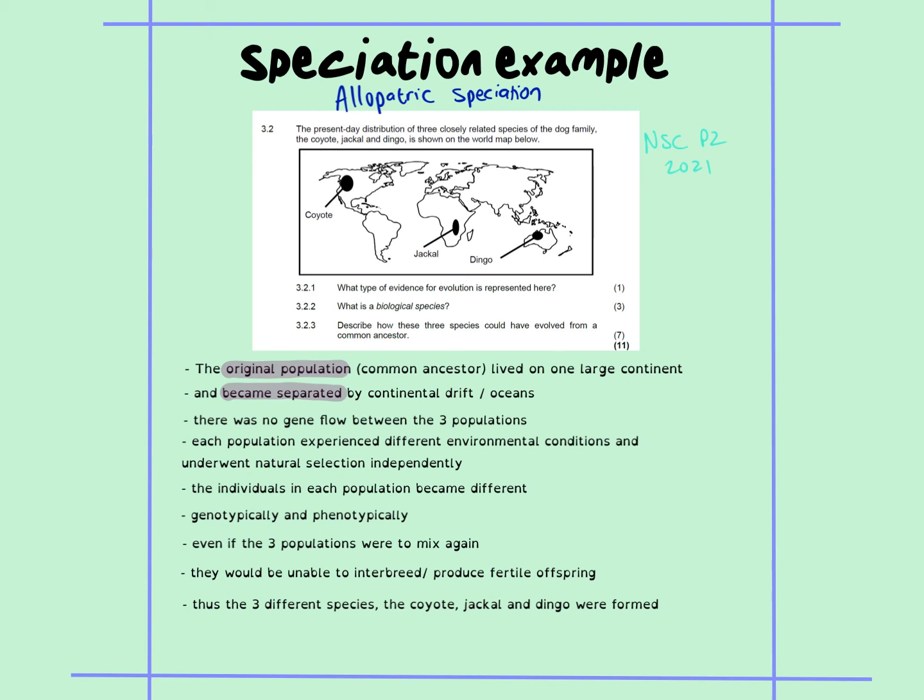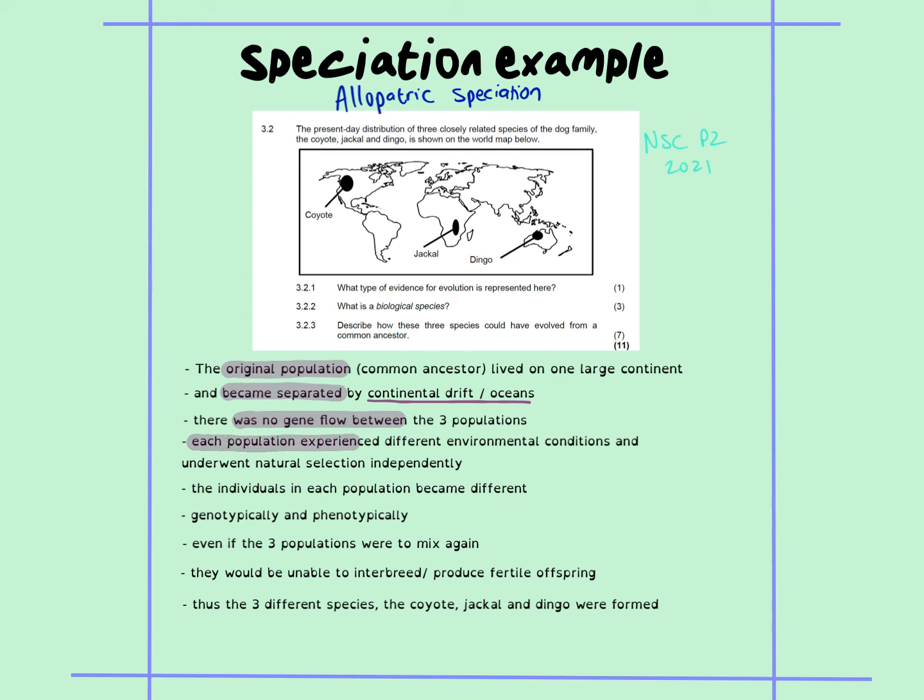So then you just alter this little part, the continental drift and the oceans, to decide what is the geographic barrier. It might be a mountain, it might be a river. There was no gene flow between the groups. Might not be 3 populations, but in this case it was 3. This is always a point.